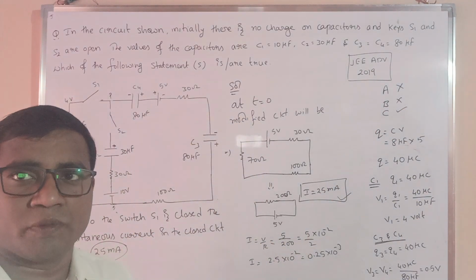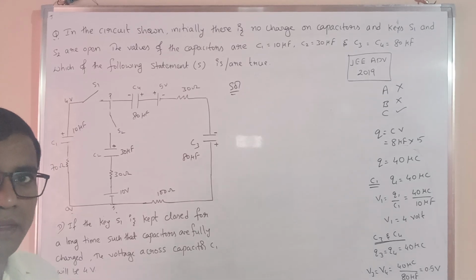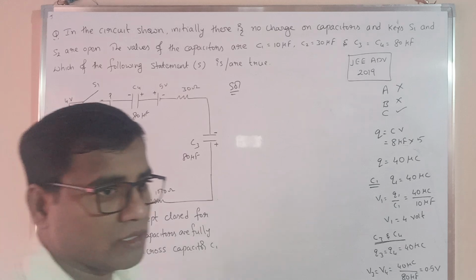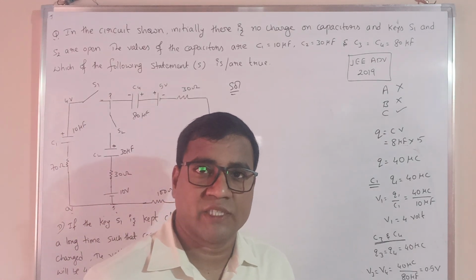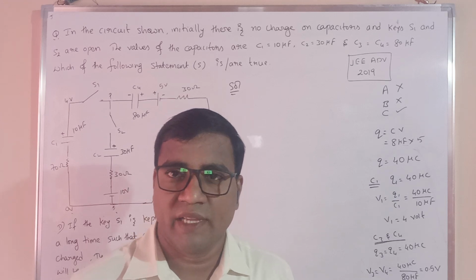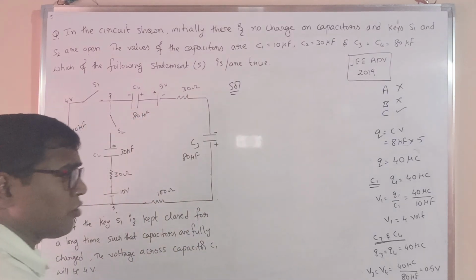Finally, we will verify option D. See here, the last option, what he is saying: if the key S1 is kept closed for a long time such that capacitors are fully charged, the voltage across the capacitor C1 will be 4 volt. So this is what we got already.